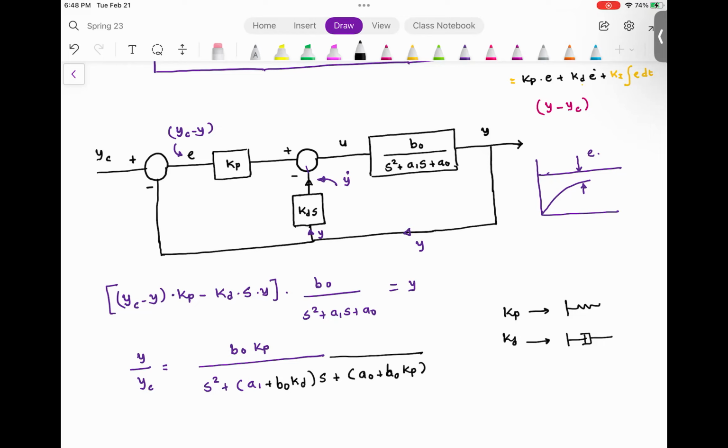And some of you may ask me, what is the difference between this transfer function and the transfer function that is typically generated through the PID control? And the answer to that question is, there is none. The only thing is, these coupling terms, this b0 kp, will be different.